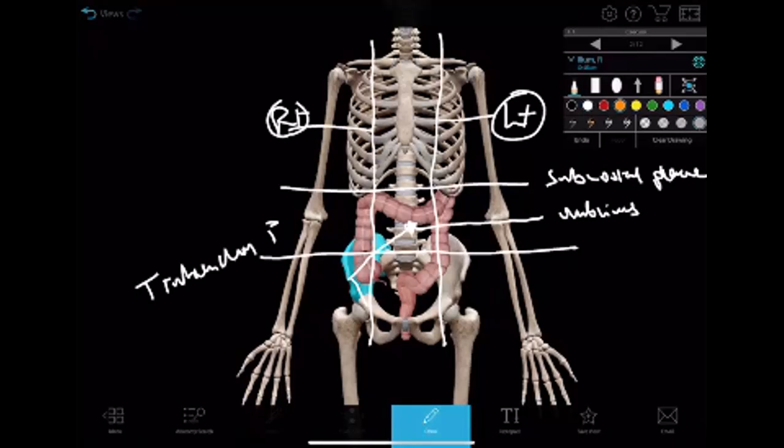This midclavicular line is also called the right lateral plane. So this part is at the junction of the right lateral plane and transtubercular plane. So this is the location of the cecum and also the location of the appendix.